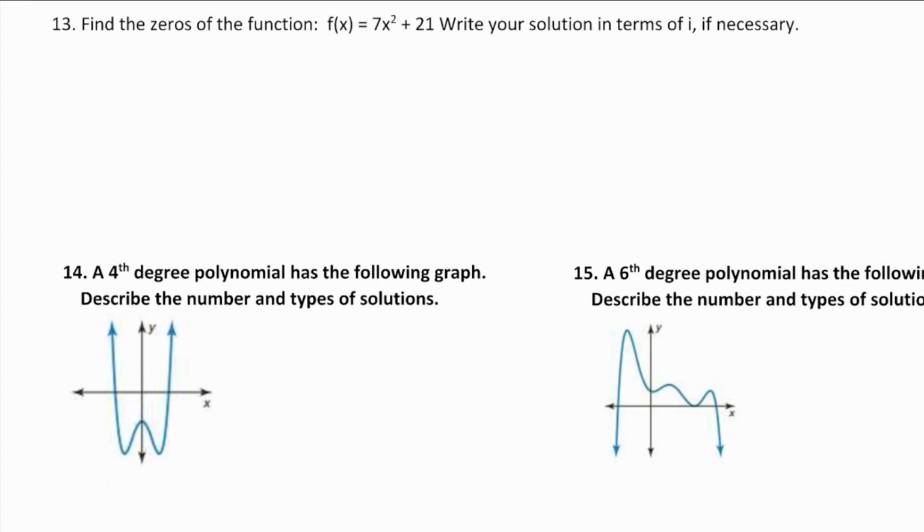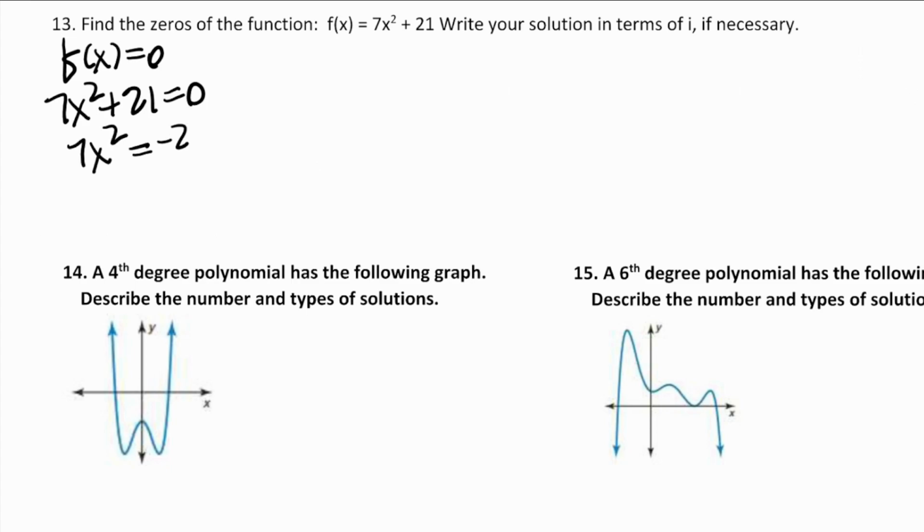Next one is find the zeros of this function, write your solution in terms of i if necessary. I think it's going to be, because it's an upward facing parabola with positive y-intercept, not going to have any real roots. So, okay, zeros of the function. We say zeros, that's where f of x equals 0. So it's 7x squared plus 21 equals 0. 7x squared is negative 21. x squared is going to be negative 3.